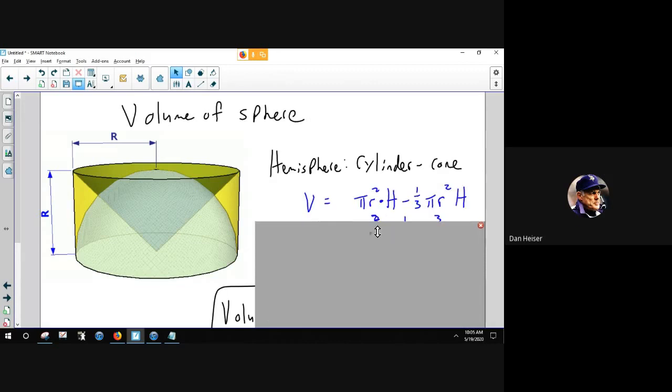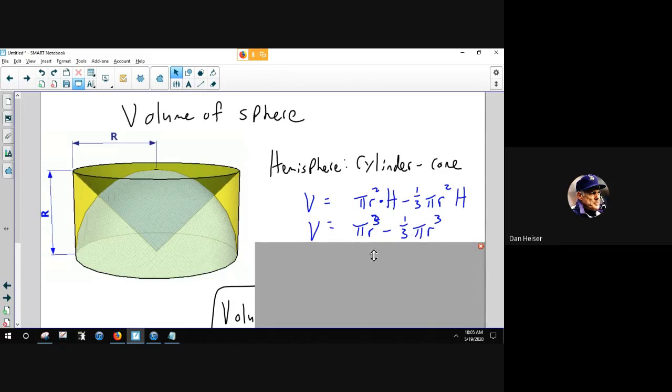So here's the volume of the cylinder: pi r squared h. Volume of the cone: 1/3 pi r squared h. Look at our cylinder though. The height is also the same as the radius. So what we end up with is pi r cubed, because this is also the radius, and we get 1/3 pi r cubed.